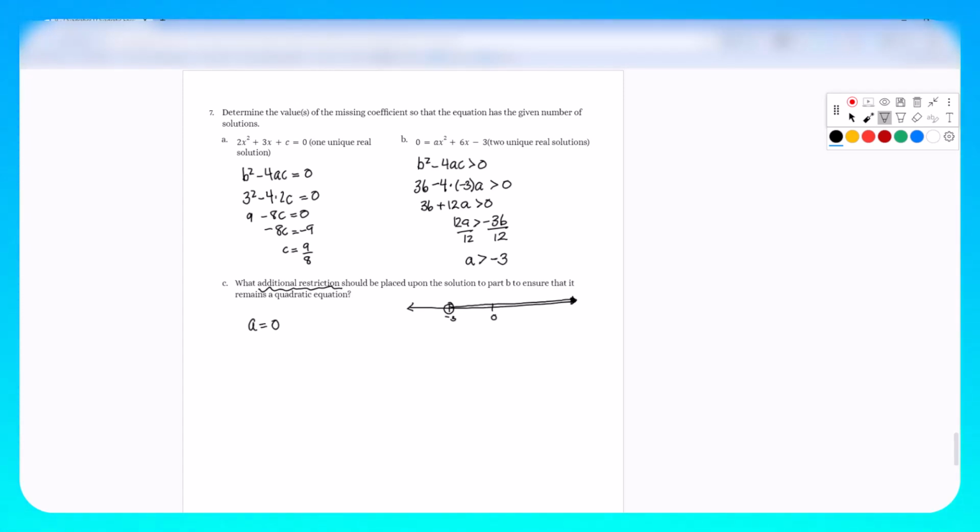If a equals 0, our equation becomes 0 times x squared plus 6x minus 3, which means this term goes away, which means we no longer have a quadratic equation. So when we're determining these regions where a unknown can be, to make a unique solution, when we're looking at a in particular, we must also state that a cannot equal 0.